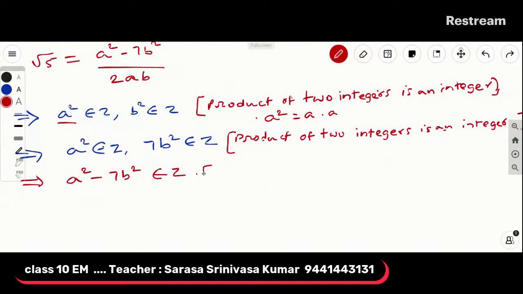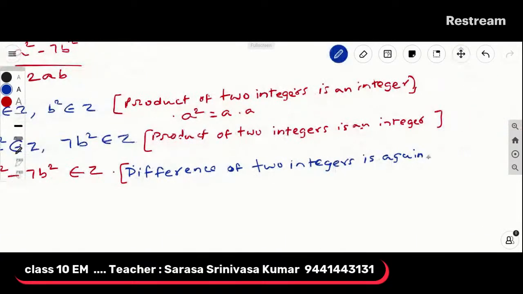And now here we can write: a square is an integer, 7b square is an integer. The difference of two integers is again an integer. So we should write this: the difference of two integers is again an integer.